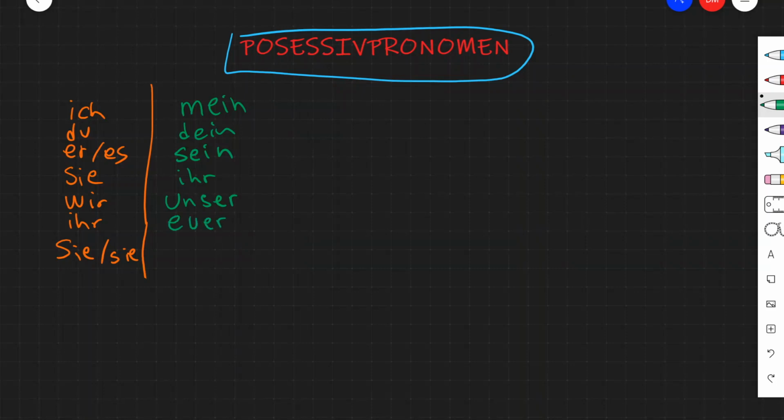And sie is basically the same for both of them, but the only difference is, let me write it down first, that the singular you, Sie, is written with a capital S, while the plural sie for they is written with a lowercase s.